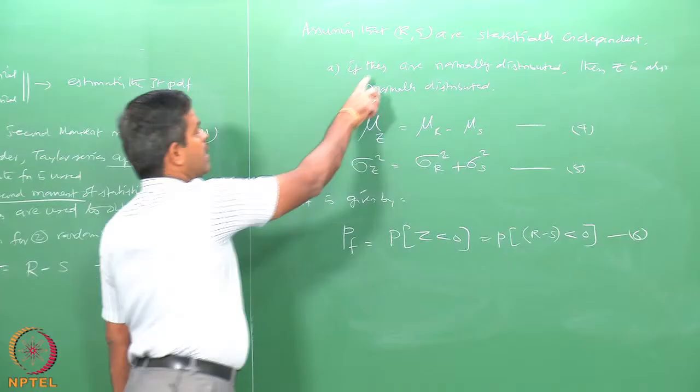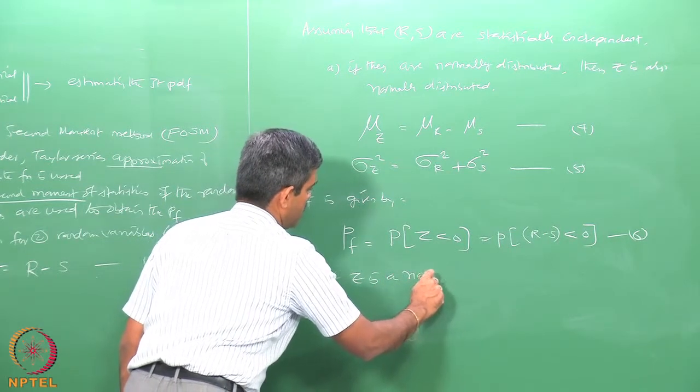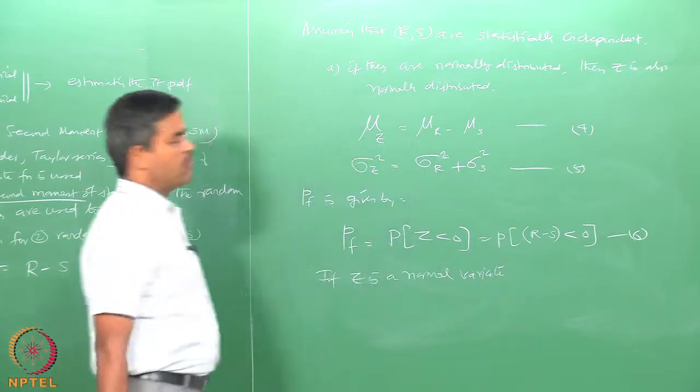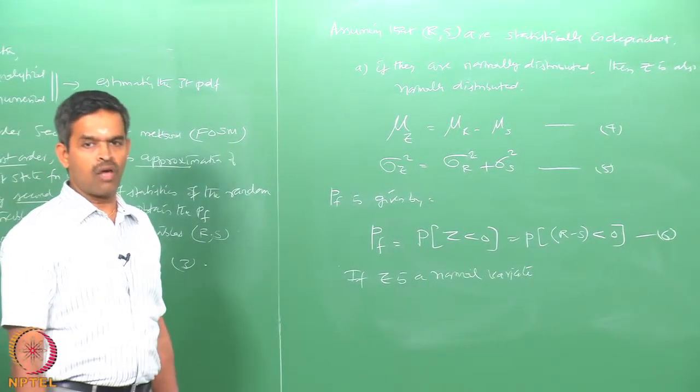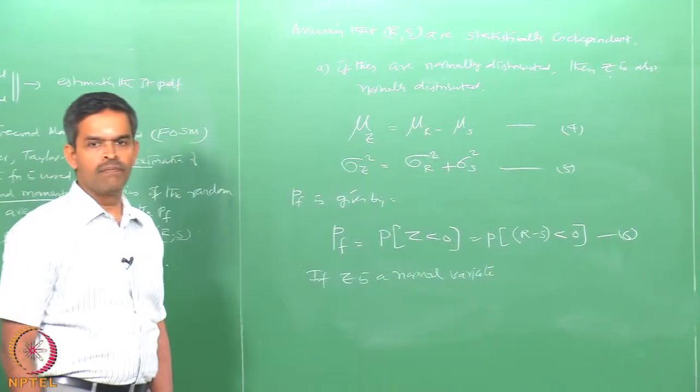As we said earlier, if we assume that R and S are normally distributed, then Z will also be normally distributed.